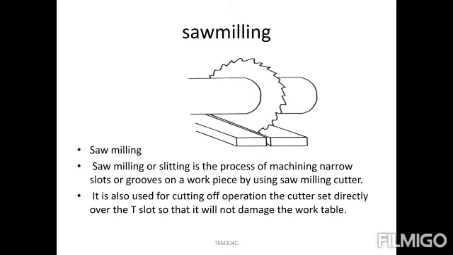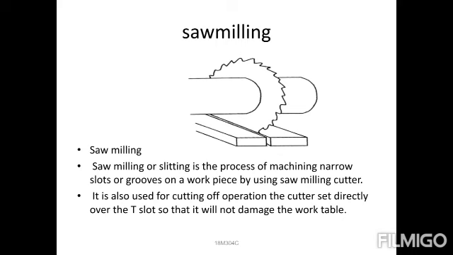Whenever we need a cutting operation, we can use saw milling. It can also cover T slots without damaging the workpiece and table, right? These are the main points for slitting. Finally, what is the main operation of saw milling? Saw milling is used for the cutting purpose only, right?